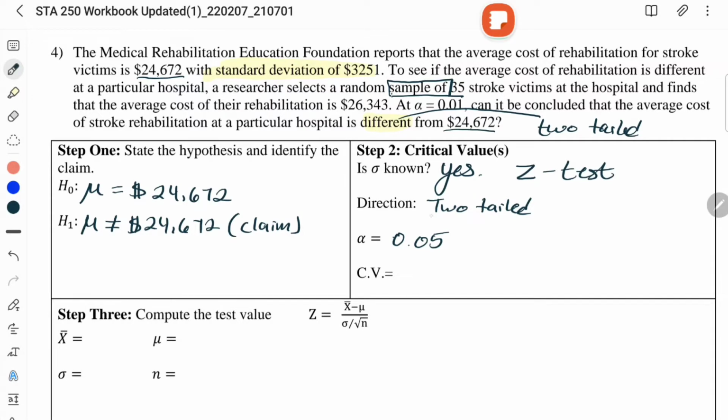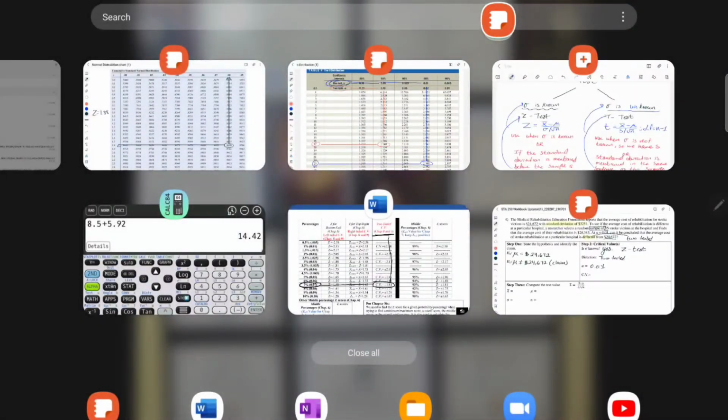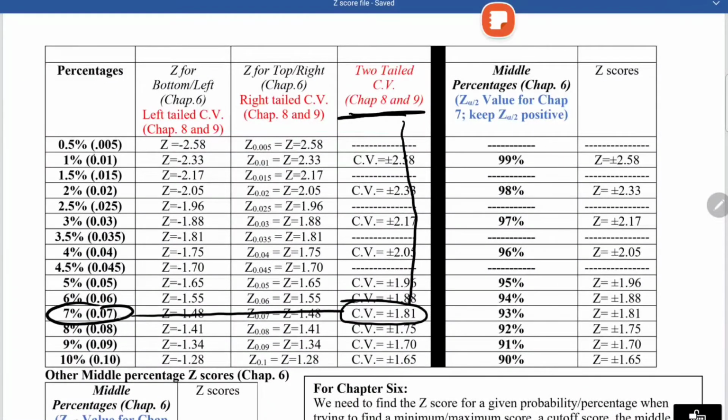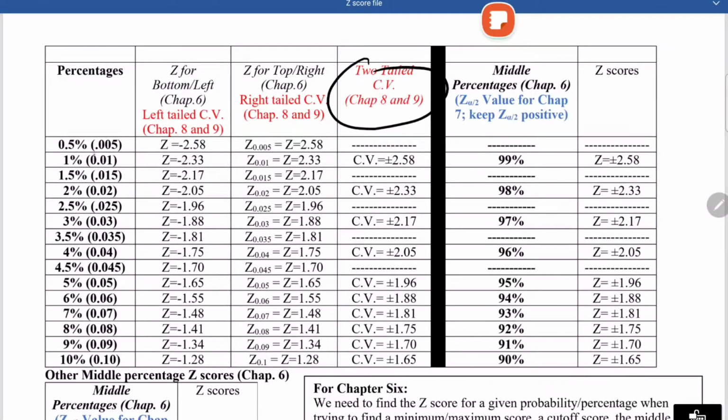So we know it's a z-test. It's a two-tailed test with 0.05 as the alpha level. Actually, I lied. It is 0.01. Excuse me. It says it right there, 0.01. So we're going to go to the z-score file. This is a two-tailed test, 0.01. So therefore, the critical value is positive and negative 2.58.